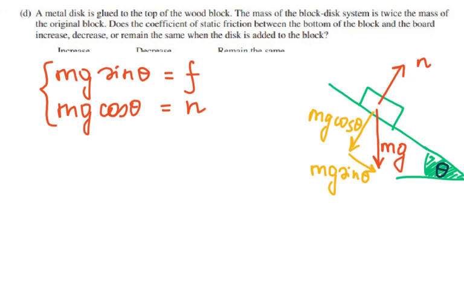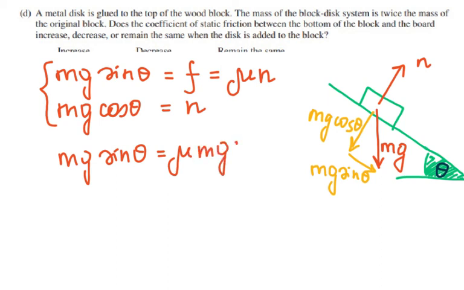We had this written earlier, and then we replaced the friction force with mu times N. So we had mg sine theta is equal to mu mg cosine theta.